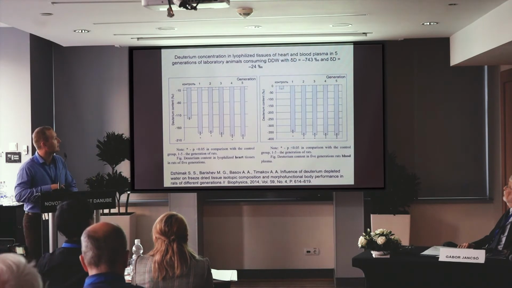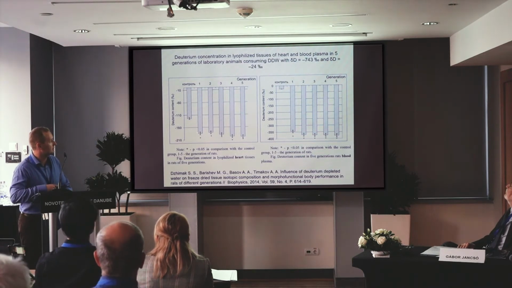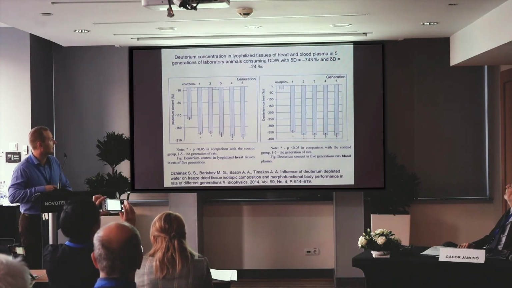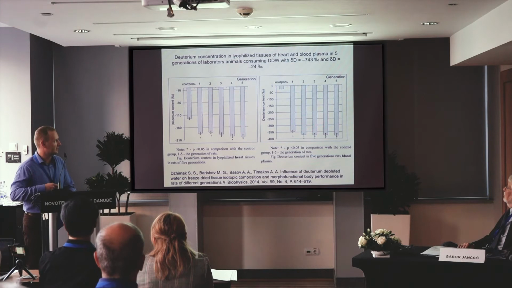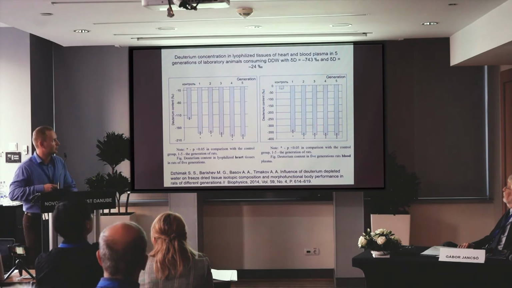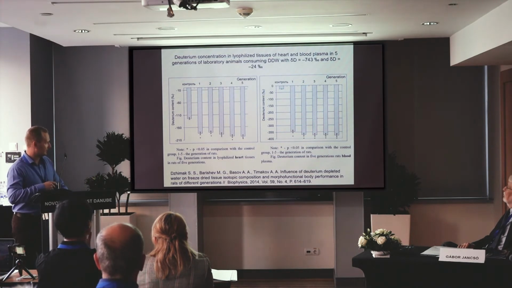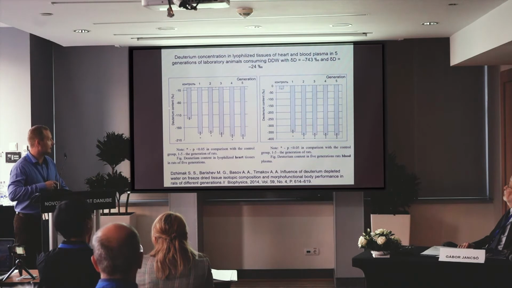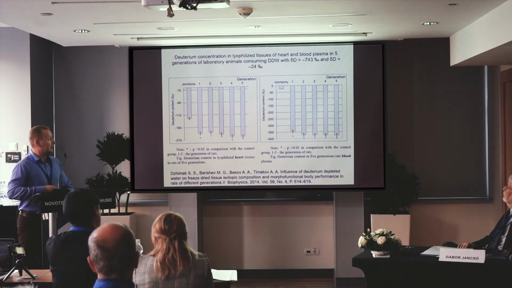And here the heart, we can see the deuterium content at the start of the experiment. And the blood plasma. In the control group, the deuterium content is in delta per mille.